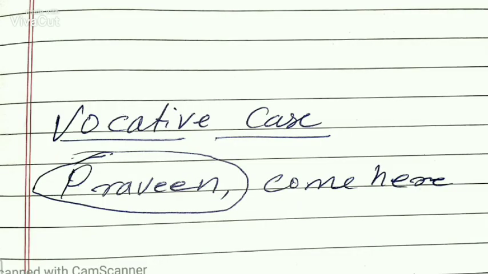Next one is vocative case. Vocative case means when we address somebody or when we call somebody, at the starting of the sentence or before the verb of the sentence, this is called a vocative case. For example, Praveen, come here. So here we are calling or addressing Praveen. Praveen, hey Praveen, you come here, like that. Okay. So in this case, it is used as the vocative case. Okay. Next one, dative case.